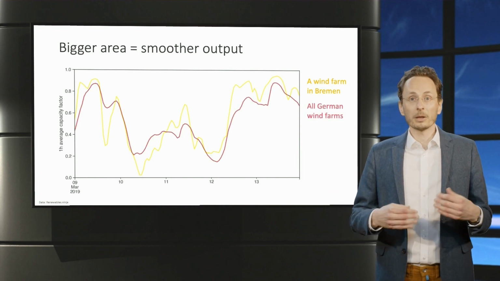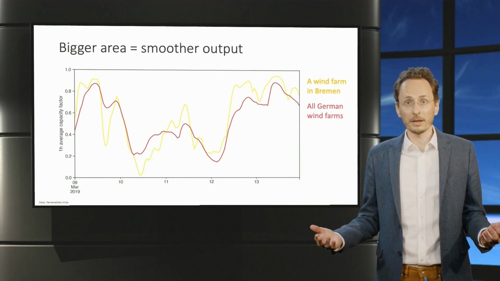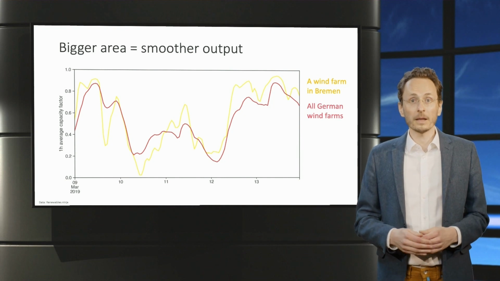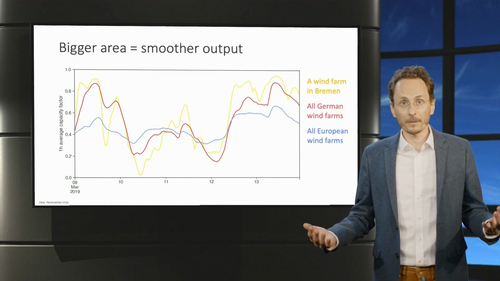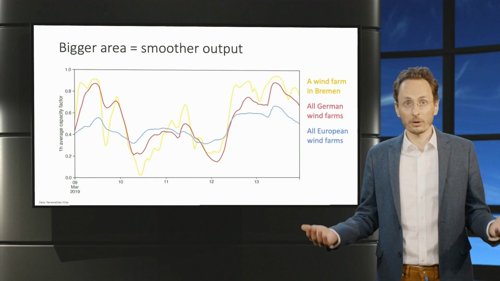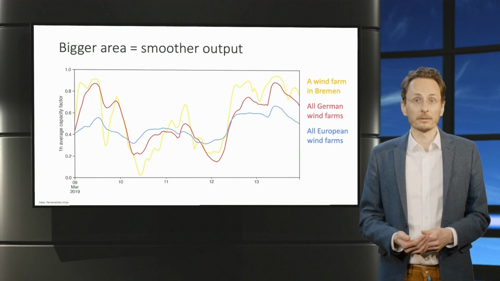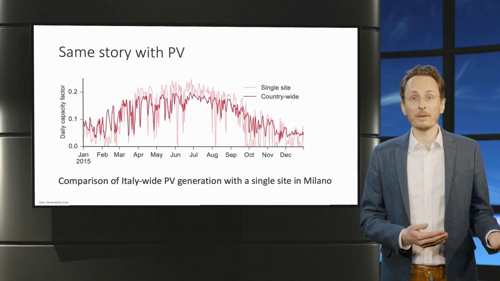So let's simulate the combined electricity generation from all wind farms in Germany for the same time period. You can see that the generation profile is already a lot smoother. And we can go further and simulate all wind farms across Europe for the same time period. Again, the overall generation profile is much smoother. The same is the case for PV.